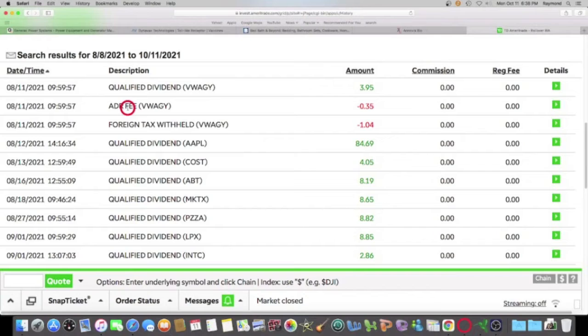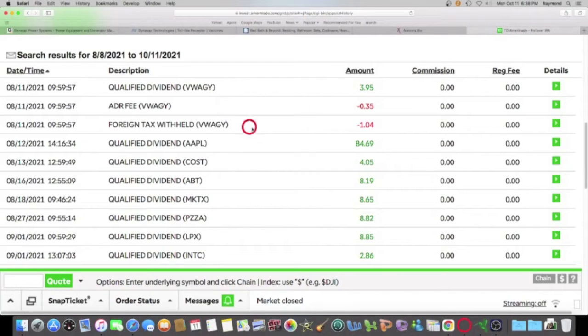And the reason I have this ADR fee is because Volkswagen is a foreign company that is listed in the United States that we can buy, and they make it easier for us to buy it here because we don't have to worry about going over to Germany and learning their ins and outs. But because it is listed here, there is a fee, and everything is not free. So yeah, it's easy, but you got to pay a 35-cent fee.